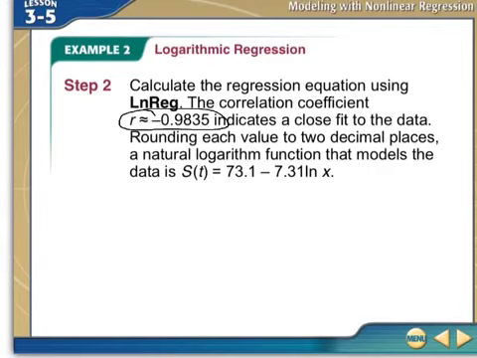It is a close fit because R is close to -1, and an R value of -1 would mean we had a perfect fit. 98% is still pretty good. And the equation they got was the exact same as what we had. Their A value is 73.1 and their B value was -7.31.